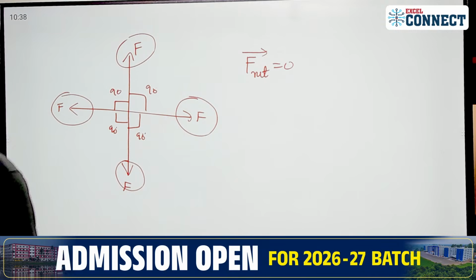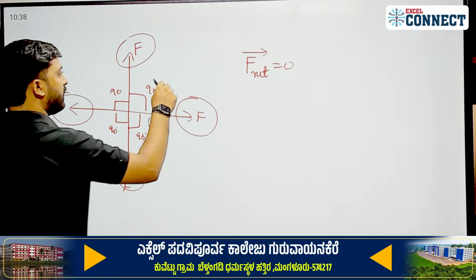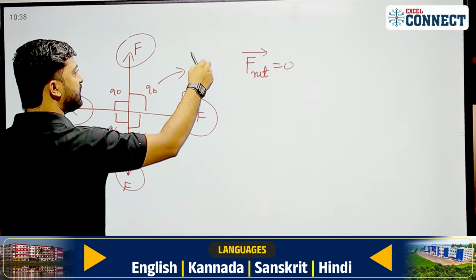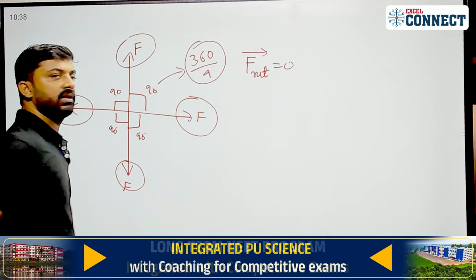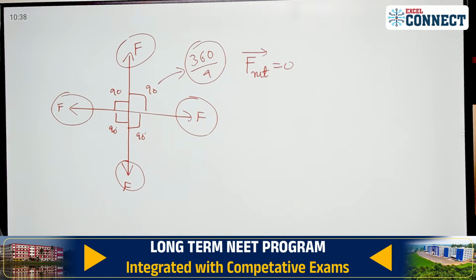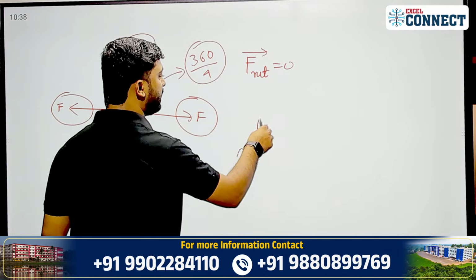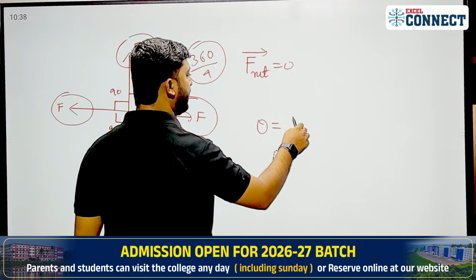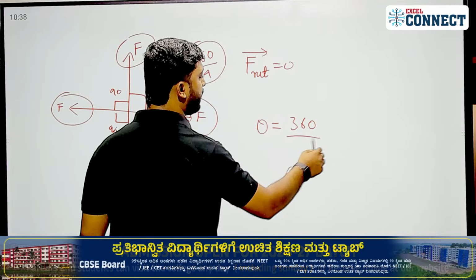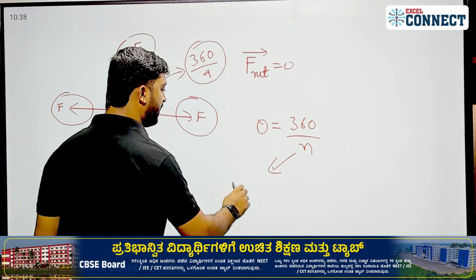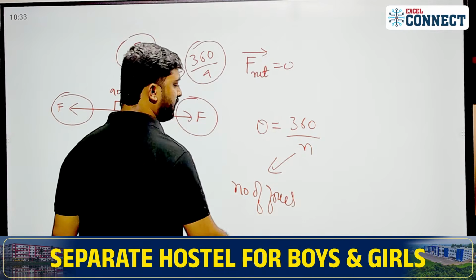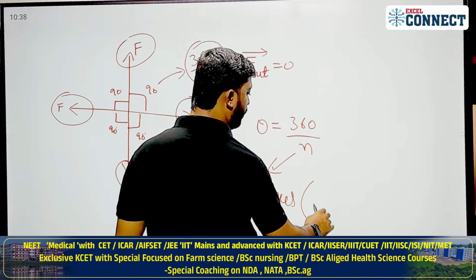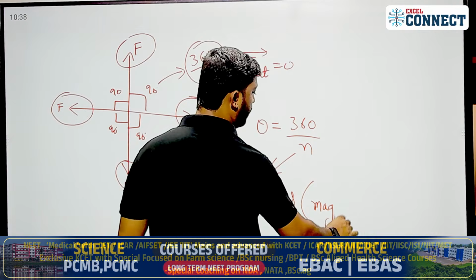So here, what is the angle? This is 360 divided by 4, right? If the angle between the forces is 360 divided by n, what is n? N is the number of forces, and magnitudes are the same. All magnitudes are same.